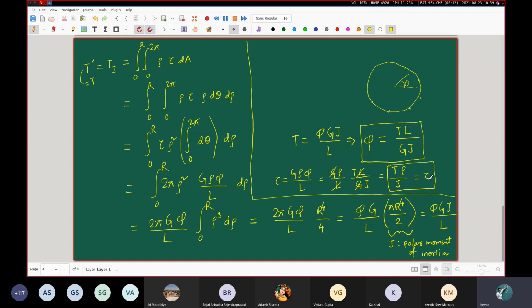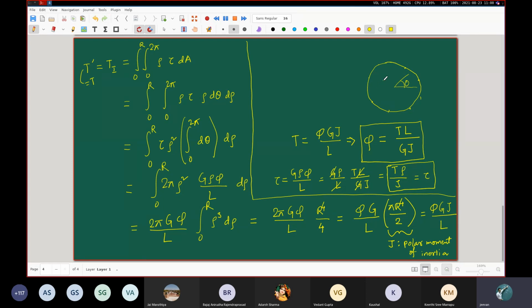Remember that tau is independent of theta. So tau will be only dependent on rho, the radius of the small circles that you are considering.